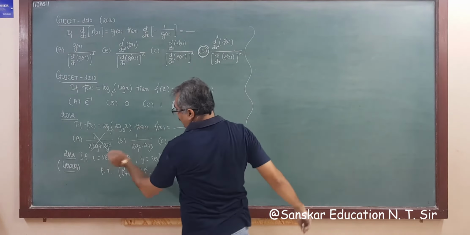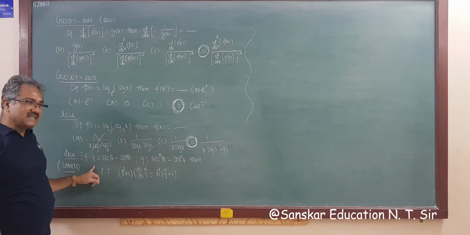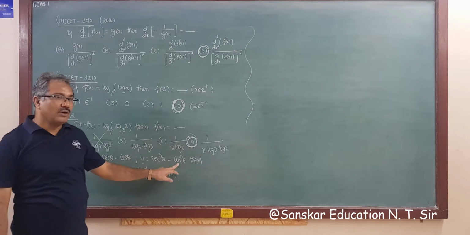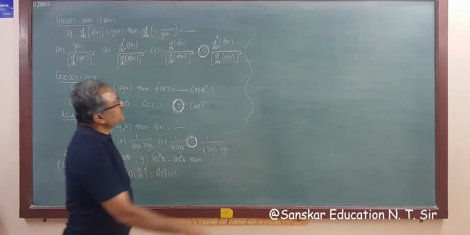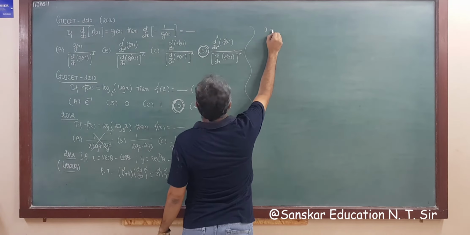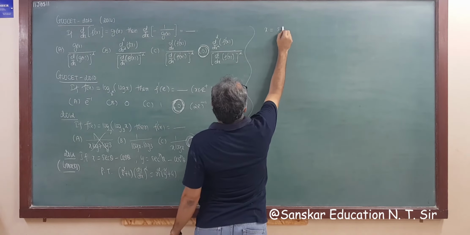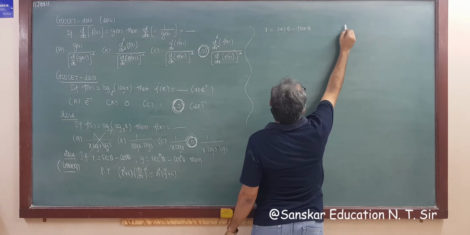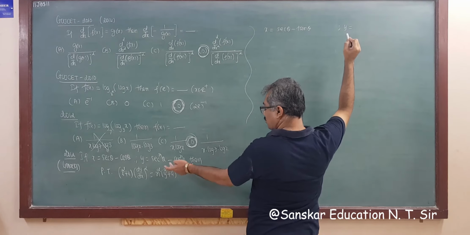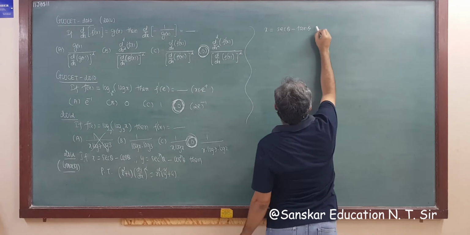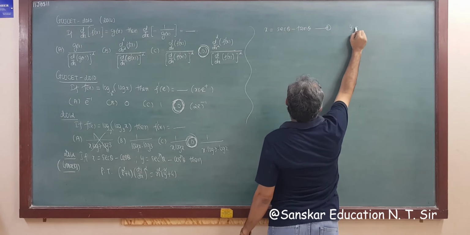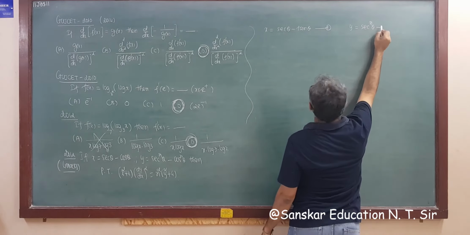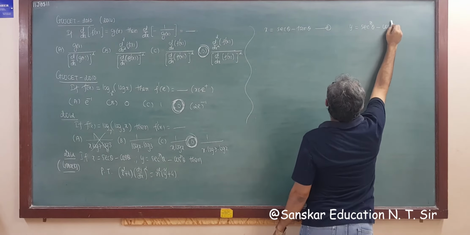Given that x is equal to, what is given? x is equal to sec theta minus cos theta, and y is equal to sec raised to n theta minus cos raised to n theta, right? So here x is given, x is sec theta minus cos theta, and y is equal to sec raised to n theta minus cos raised to n theta.